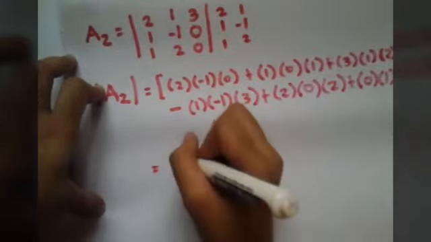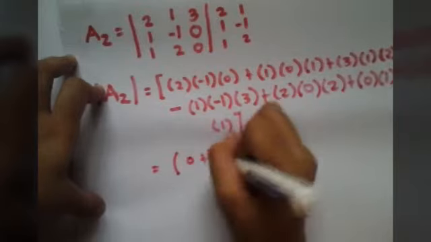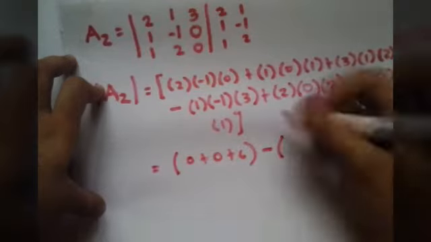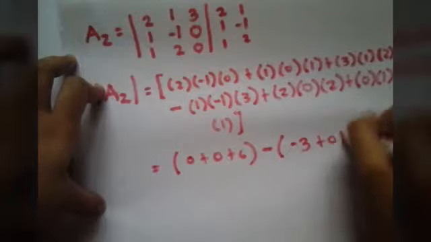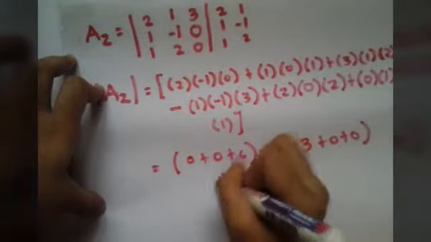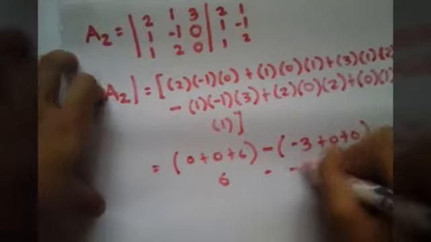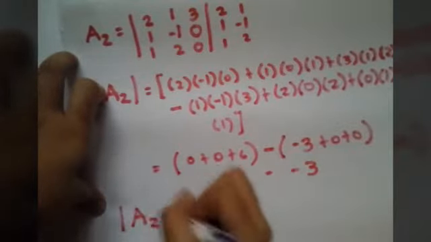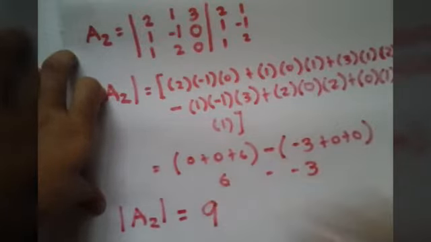It will become 0 plus 0 plus 6 minus negative 3 plus 0 plus 0. It will be 6 minus negative 3. The determinant of A sub Z will be 9.